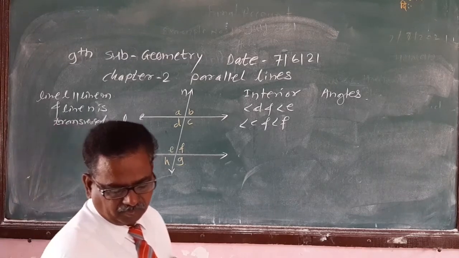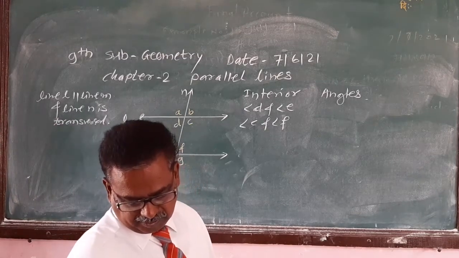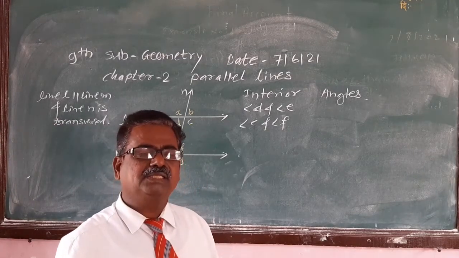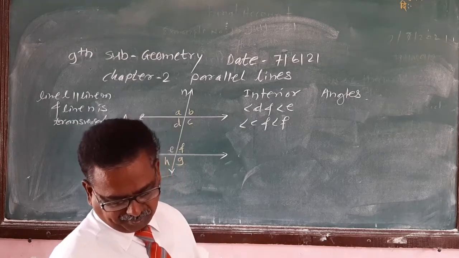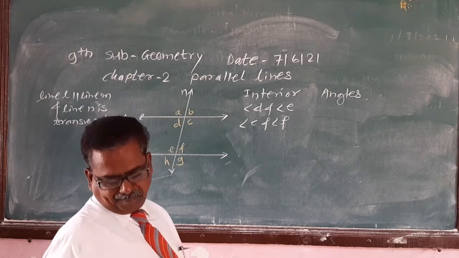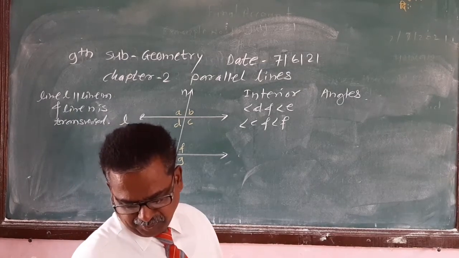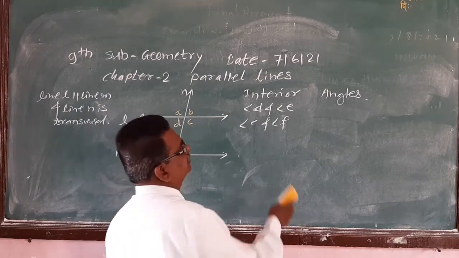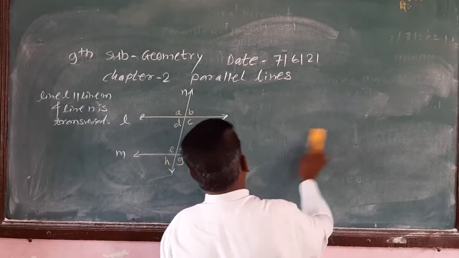Okay, now some important properties here. The first: when two lines intersect, the pairs of opposite angles formed are congruent.